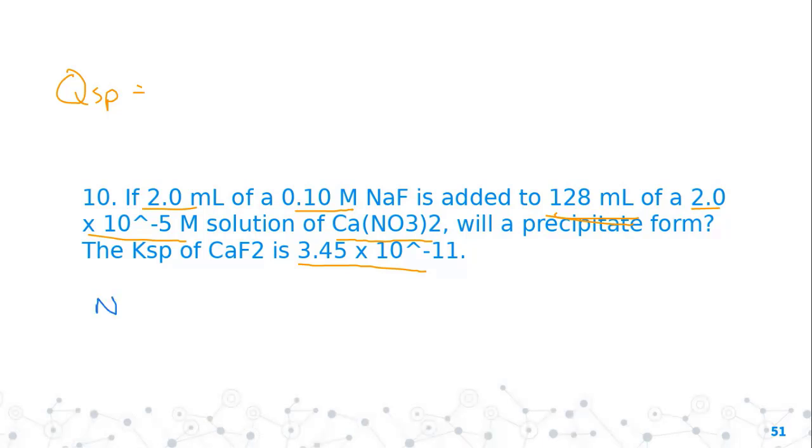So we have NaF plus Ca(NO3)2. If you remember, NaF is going to be aqueous because sodium is a spectator ion. Calcium nitrate, NO3 is a spectator ion, so this is also aqueous.